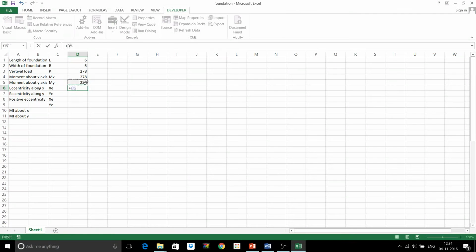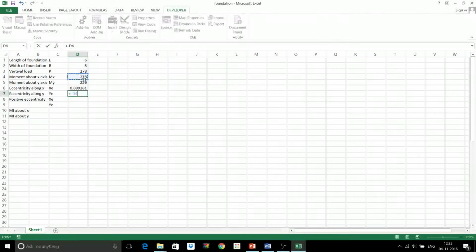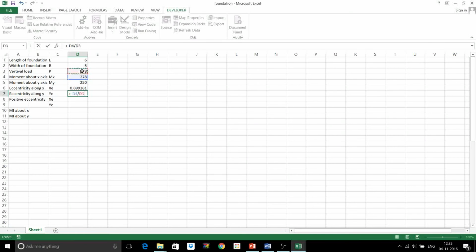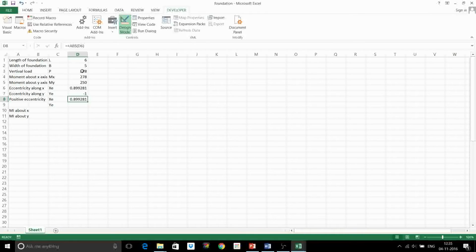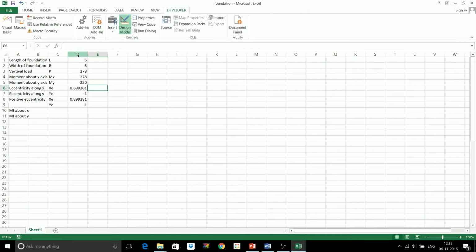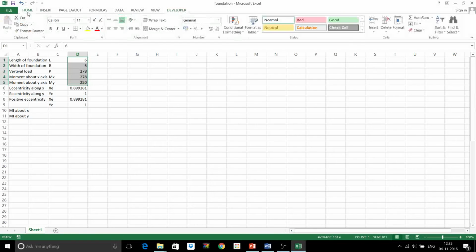Positive y will give me positive eccentricity in x direction, and here I will get a negative eccentricity along y direction for a positive Mx. And I will take the absolute of this one. I will highlight this in yellow color. So these are my inputs.